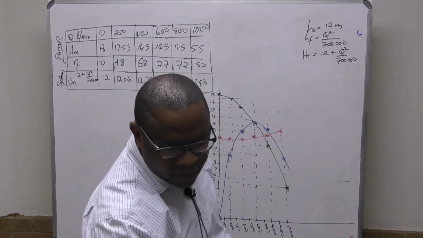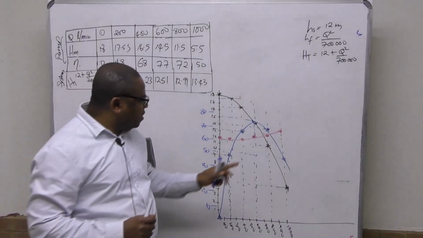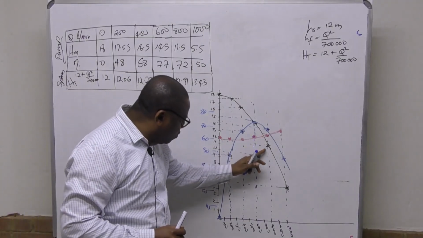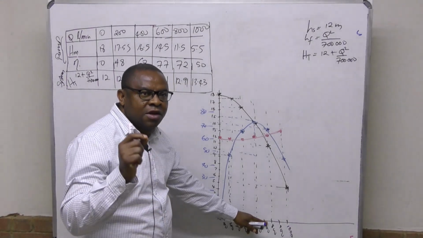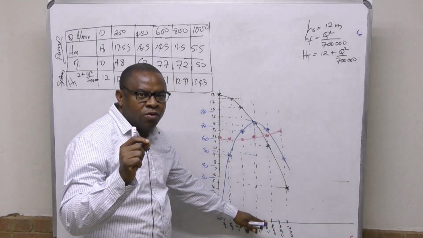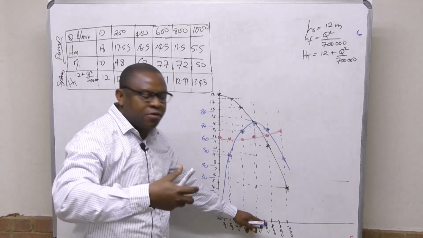If you go down here, whatever you get becomes the flow, because the question is to calculate the quantity of water being pumped.